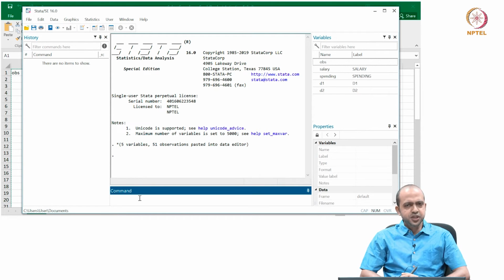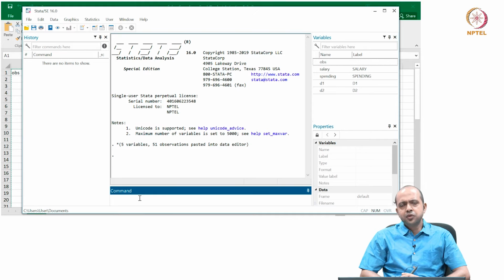And what is our objective? Our objective here is to see whether there is any significant difference in the monthly salary of the primary school teachers who are coming from different regions of the United States.